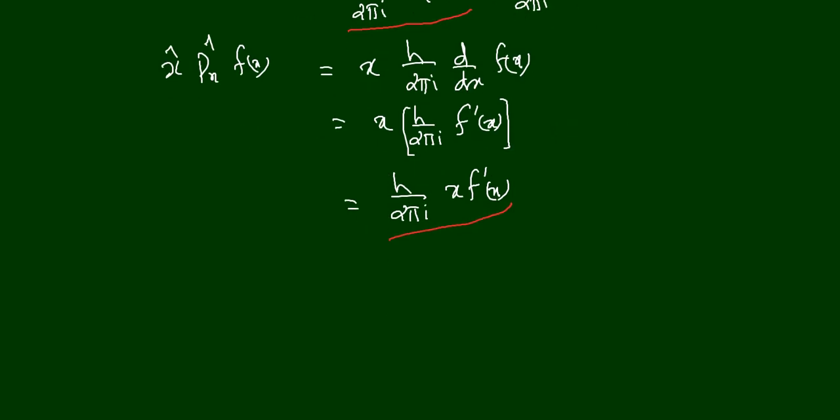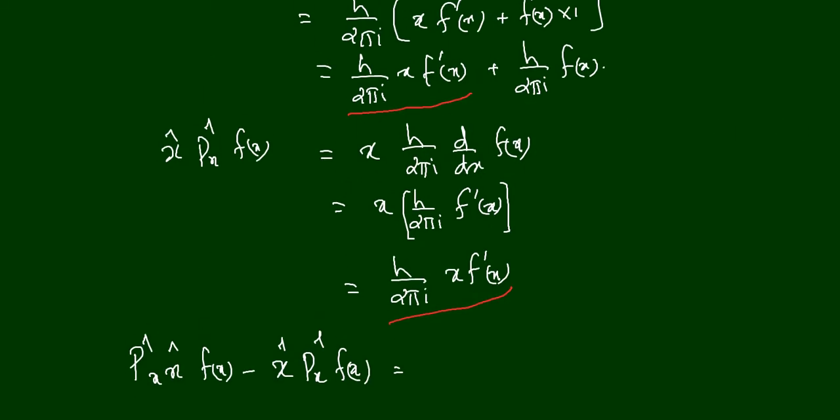So we can write it like p x cap x cap f(x) minus x cap p x cap f(x) is equal to what? h by 2 pi i f(x).